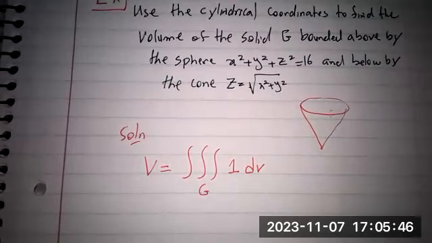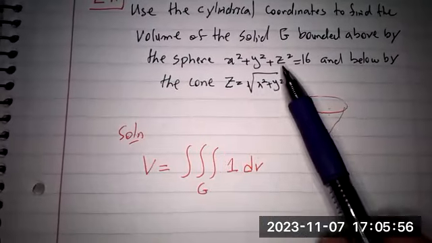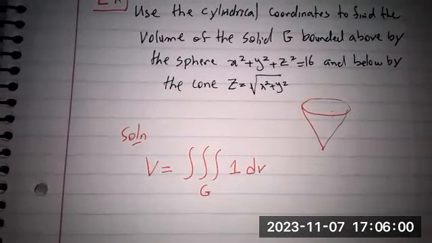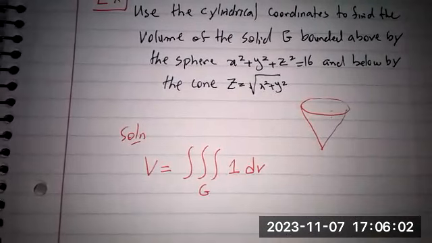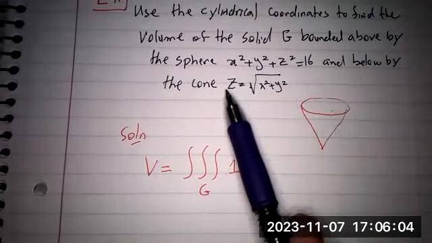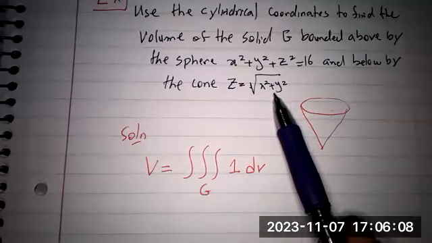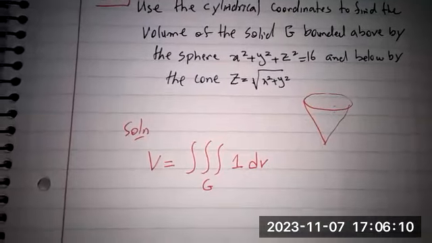First thing to do, you look for z. If it's just one fixed expression for z, then it goes from 0 to z and you're done. But here your region is between two surfaces. The top one is the sphere and the bottom one is the cone, as you did for the ordinary one.